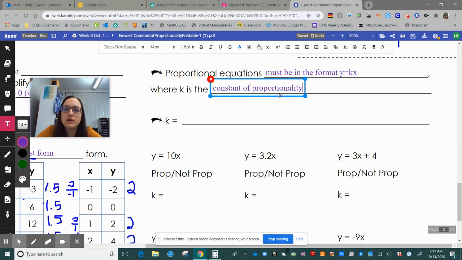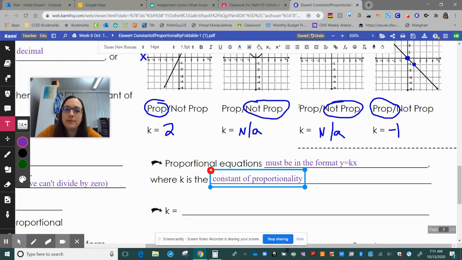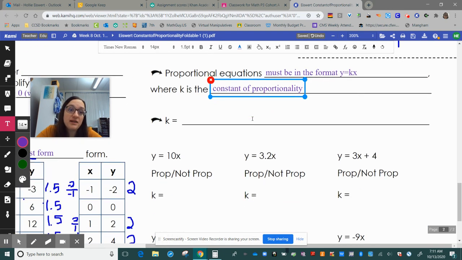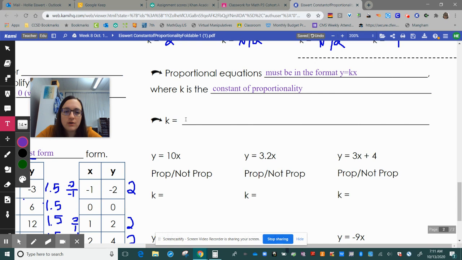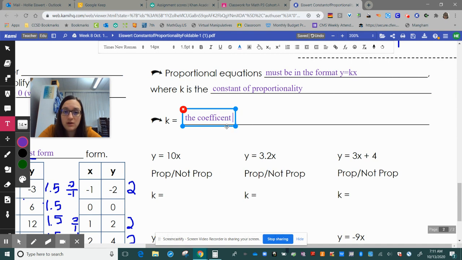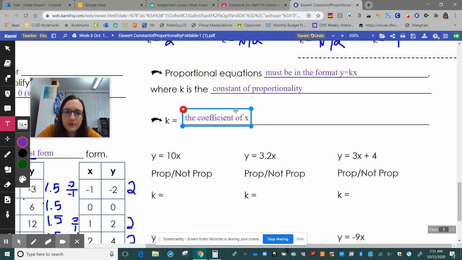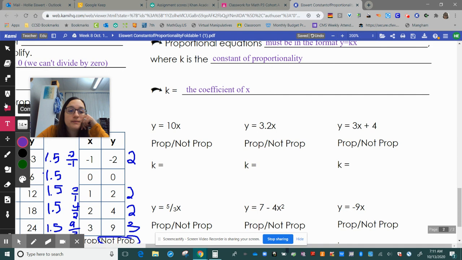Now, this one's the easiest one to find that constant of proportionality number, and the easiest one to tell whether it's proportional or not. So k is the coefficient of x. What that word coefficient means is the number that's being multiplied by x. That's it, the number being multiplied by x.